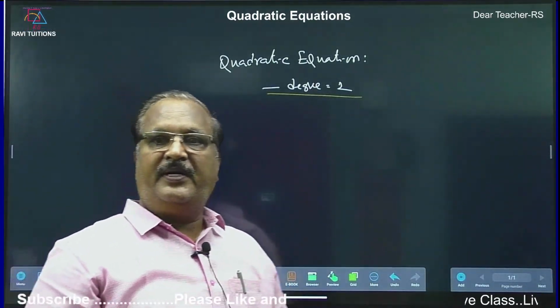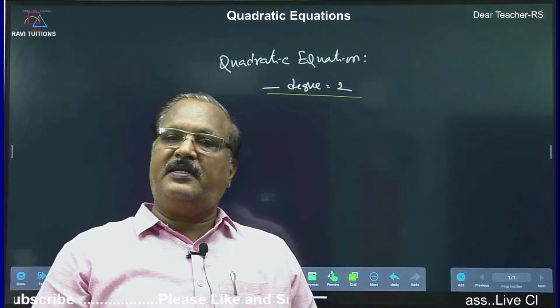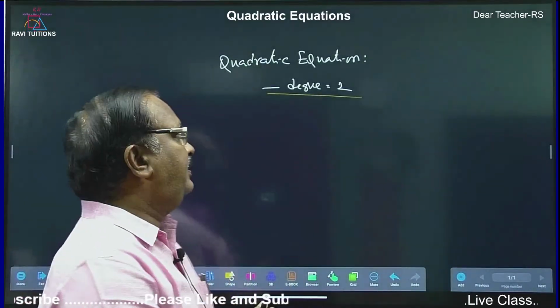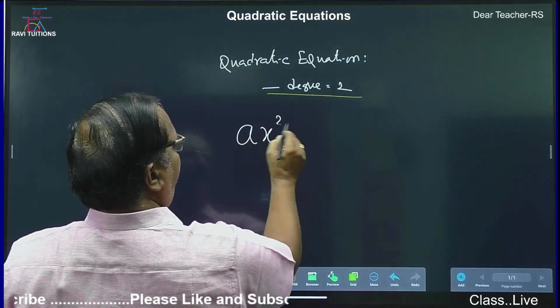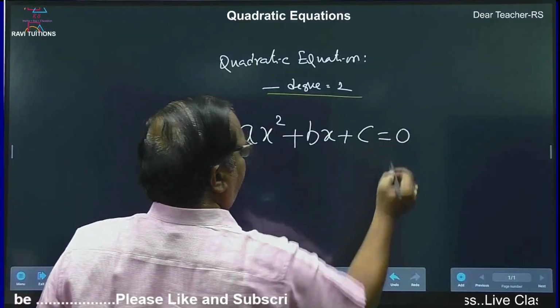Okay, quadratic equations in two variables also exist, but in this class we are dealing only with quadratic equations in one variable. So, degree 2, so let us say ax square plus bx plus c is equal to 0.